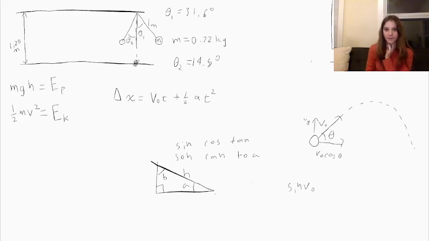Sine of theta is equal to Vy over v naught, because the opposite side here is the same as this here. That arrow over there, that's Vy. So then we can see that Vy is v naught sine theta. Cool. So that's what we have to know for projectile motion.